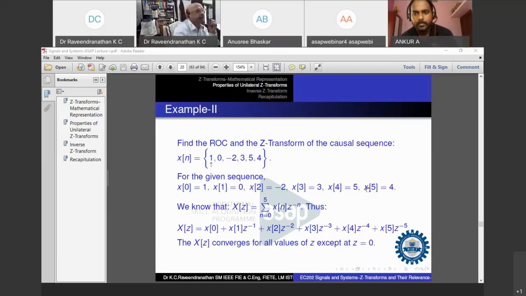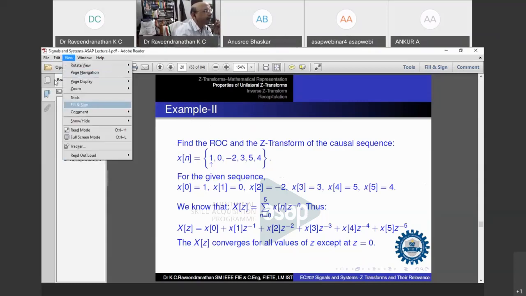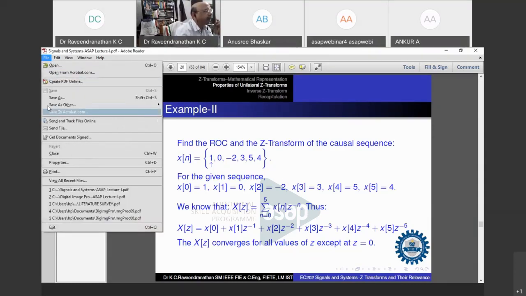Another interesting question is, suppose you have a system with h of n as the impulse response. Then you have a signal x of n applied to that system, right? In such a situation, you can use the convolution property. So output of this system will be h of n convolution x of n.